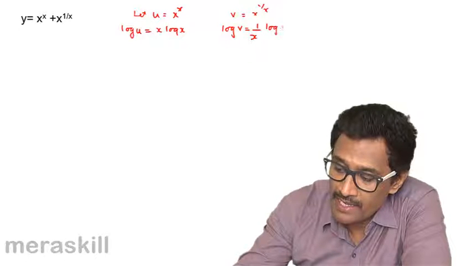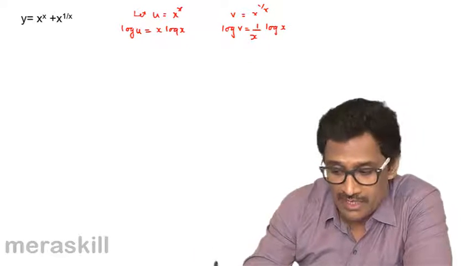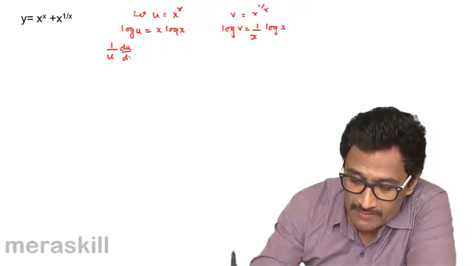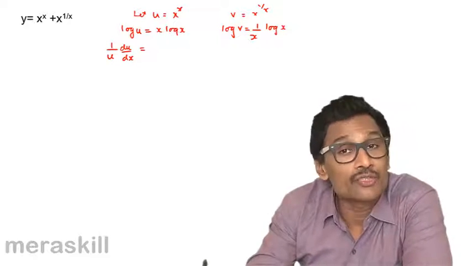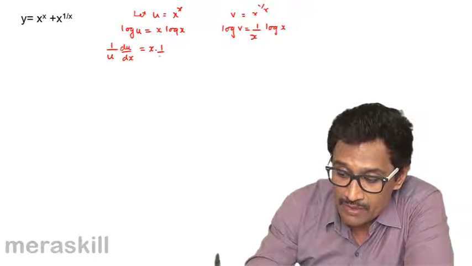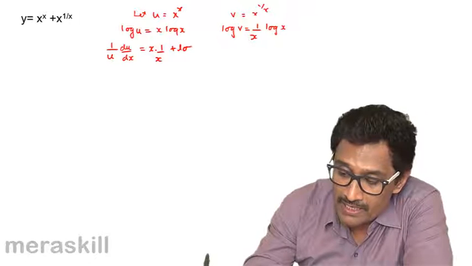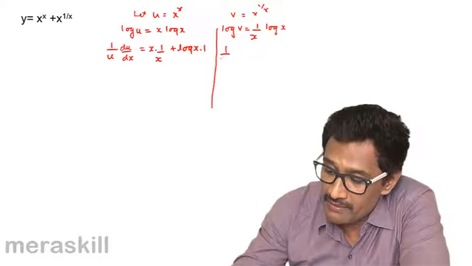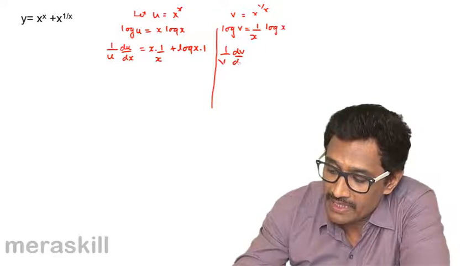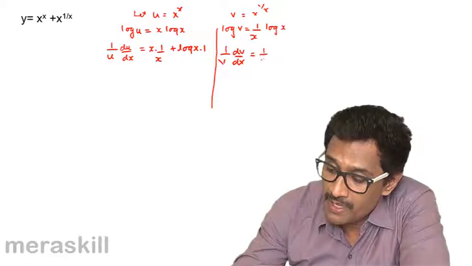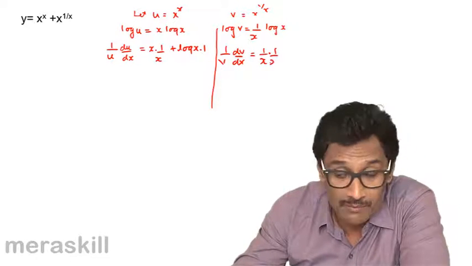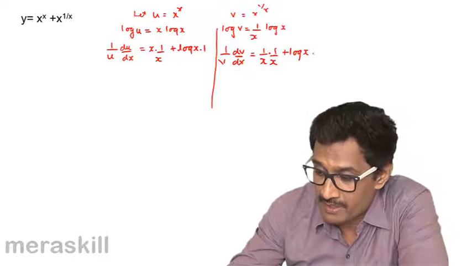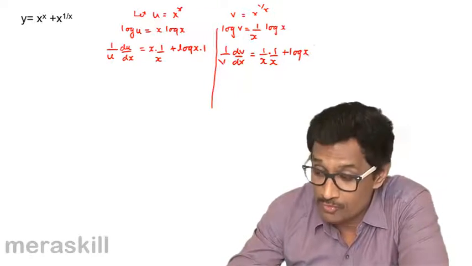Now take the derivative on both sides, so you get 1 by u du by dx is equal to x into the derivative of log x, that is x into 1 by x, plus log x into the derivative of x, that is 1. Here also we get 1 by v dv by dx is equal to 1 by x into the derivative of log x, that is 1 by x, plus log x into the derivative of 1 by x, that is x raised to minus 1.